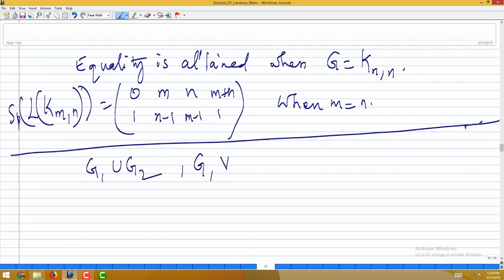You will also have G1 join G2. So, what is G1 join G2? You take the graphs G1 and G2, and you add an edge from every vertex of G1 to every vertex in G2.